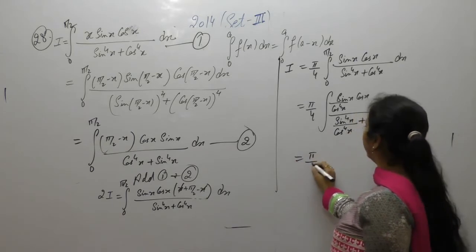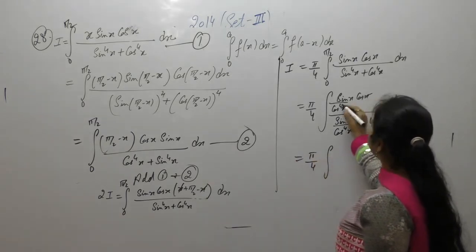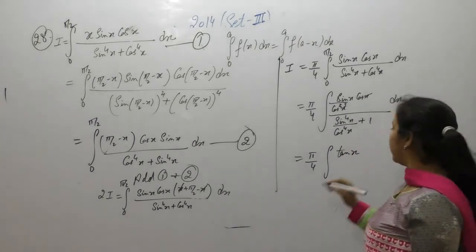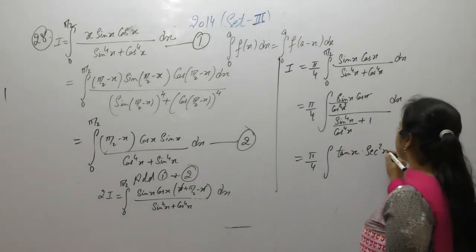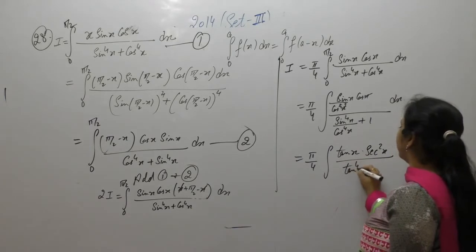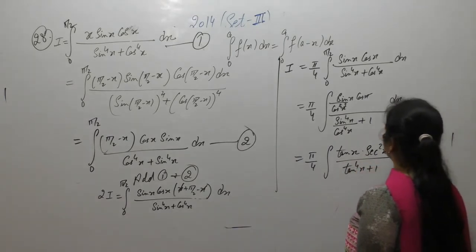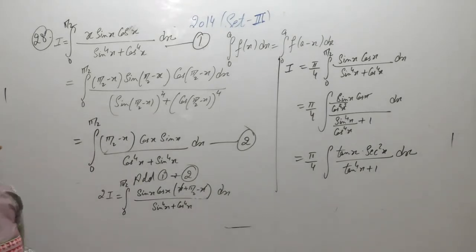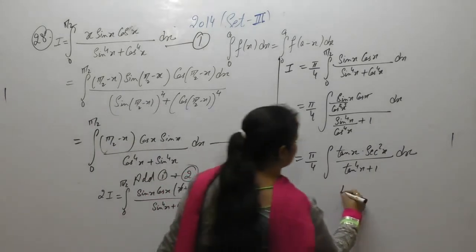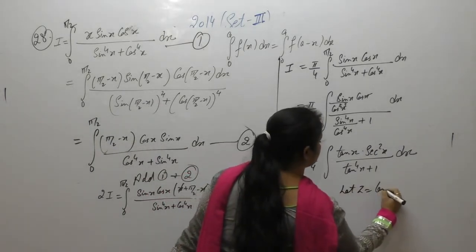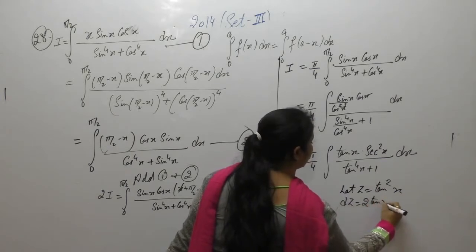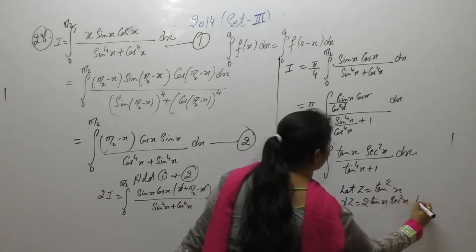So pi by 4, sin upon cos is tan, and cos square, 1 upon cos square is sec square x, upon tan^4 x plus 1, dx. Now in the next step, let z equal tan square x, then dz is 2 tan x sec square x dx, since the derivative of tan is sec square x.